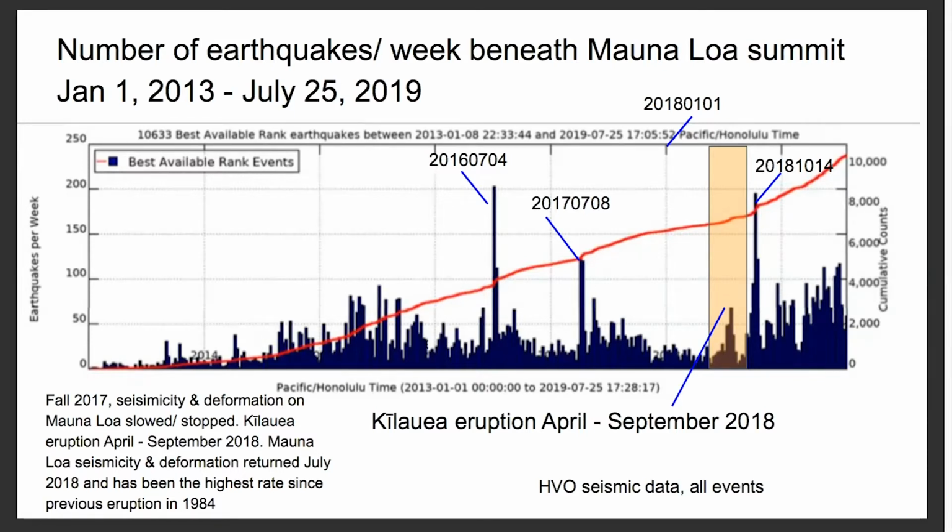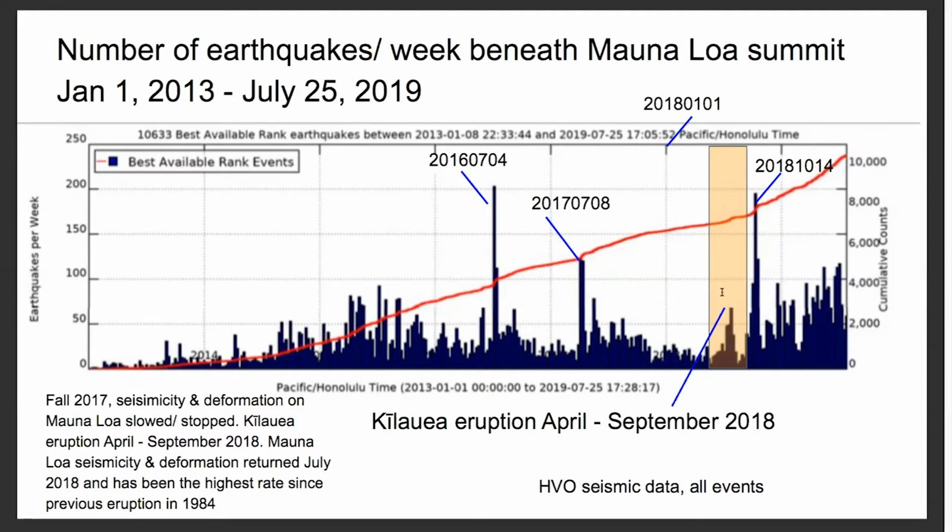And you can see there's an increase from basically a background of about 0 earthquakes to a high rate in July of 2016 and another fairly high weekly rate in July of 2017. And then it tailed off. It went down to almost nothing.